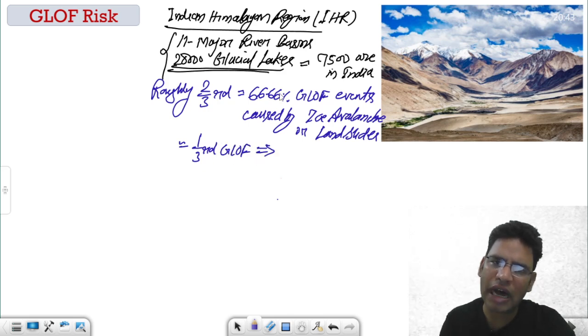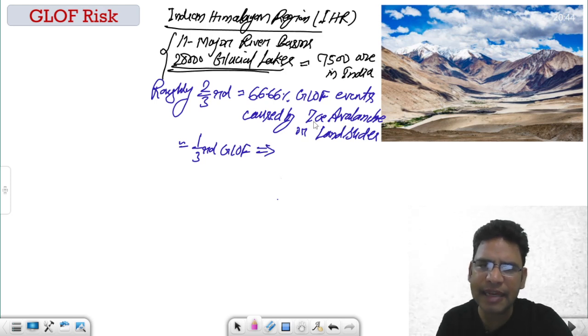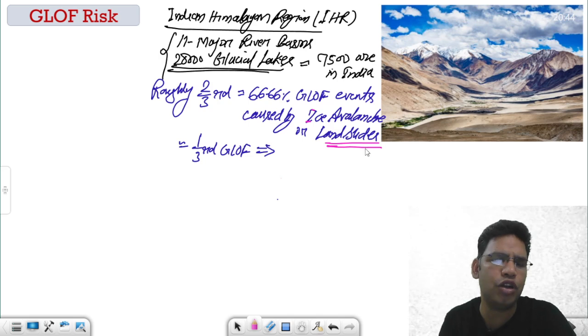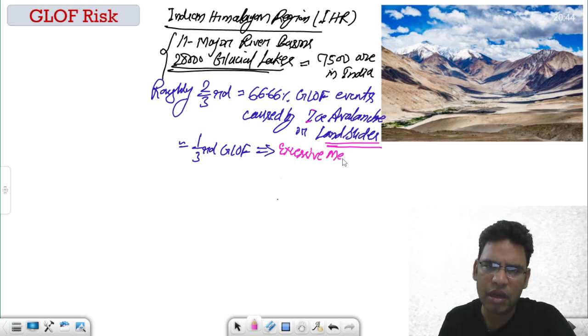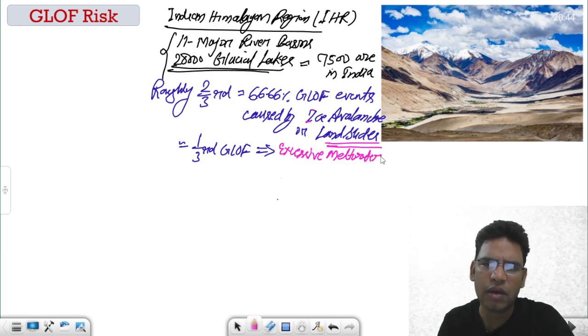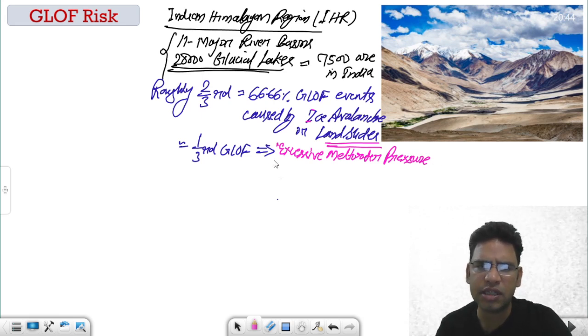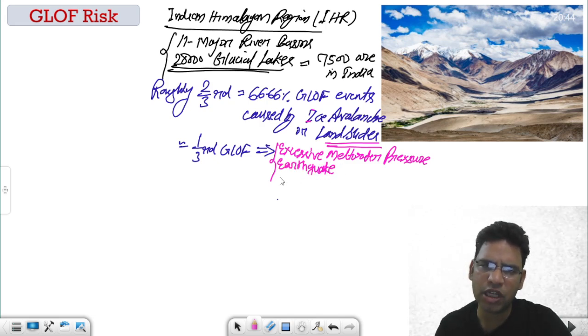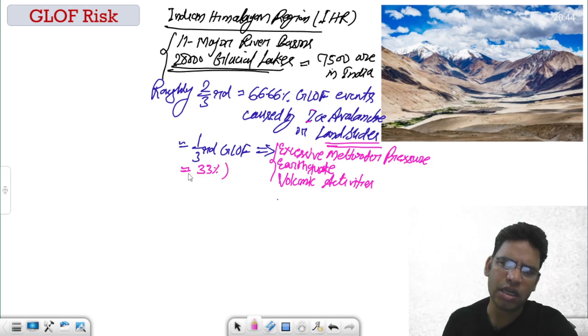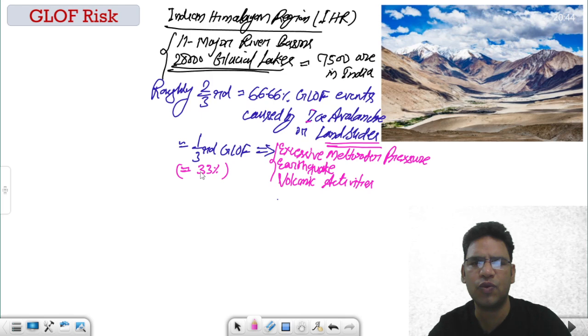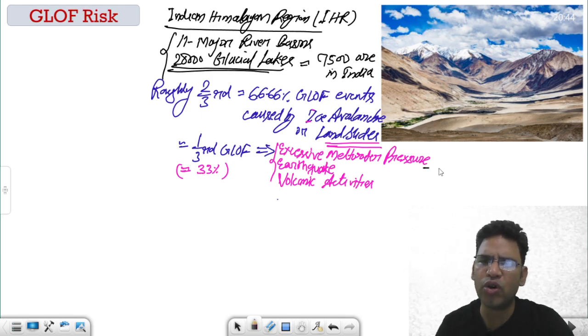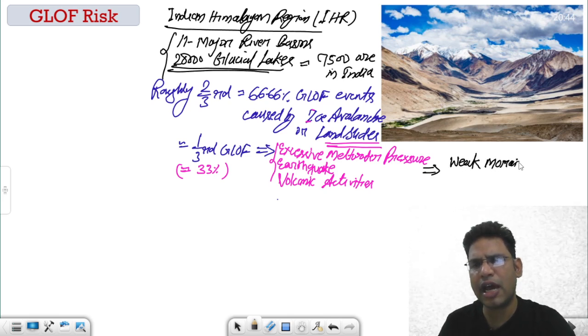1/3 GLOF events. So your mitigation strategies will depend on what? If an ice avalanche is happening, why is it happening; if landslides are happening, why is it happening? That's how NDMA will look into this matter, right? So for the 1/3 GLOF events, first of all we should know the cause, right? It is because of excessive melt water pressure, right? Melt water pressure. So what we were talking about, global average temperature is increasing and causing these events, right? Apart from that, earthquakes, and apart from earthquakes, for example, volcanic activities, all of these are causing approximately 33%. 33% of these GLOF events are caused by excessive melt water pressure, which is basically for moraine type of dams, weak moraine-dammed lakes. So weak moraine-dammed lakes have higher risk. They are most vulnerable.